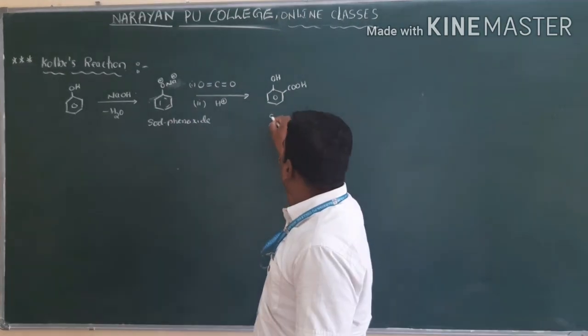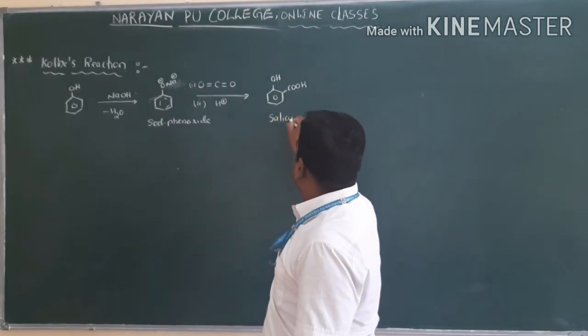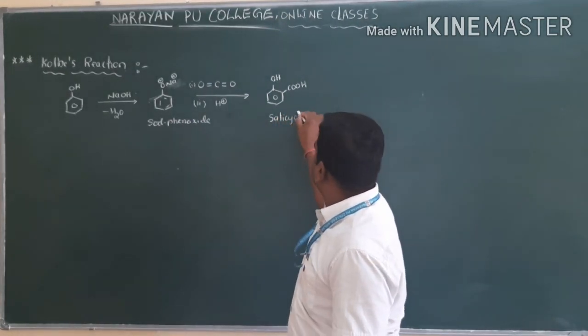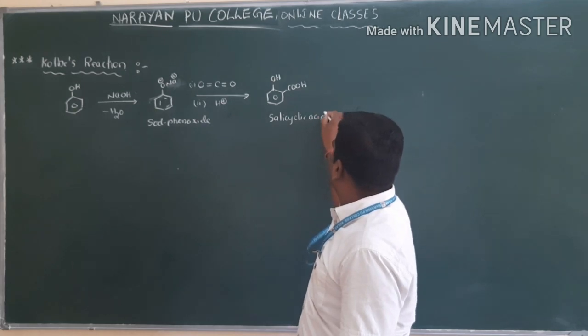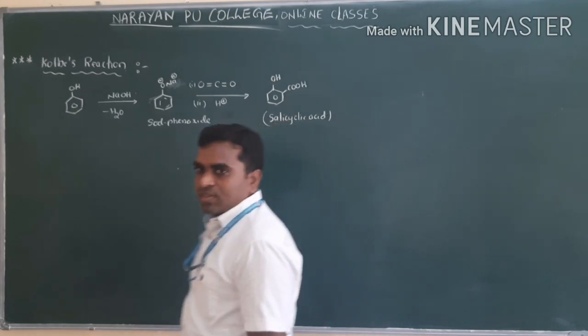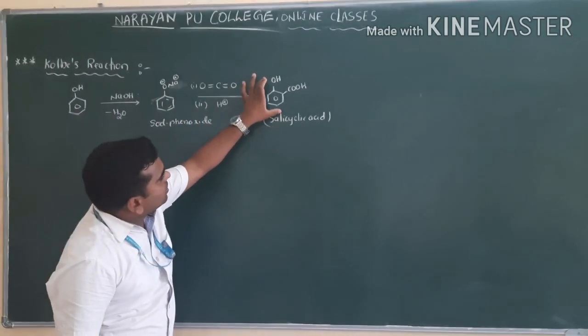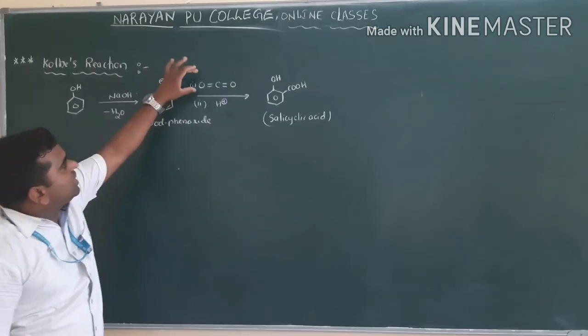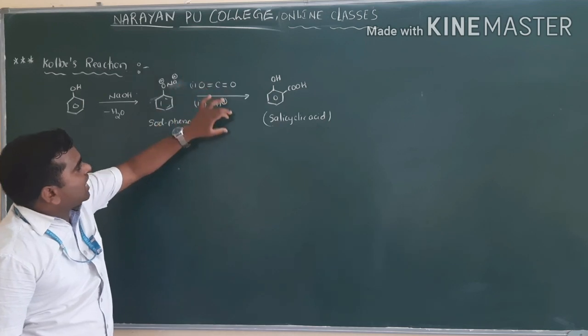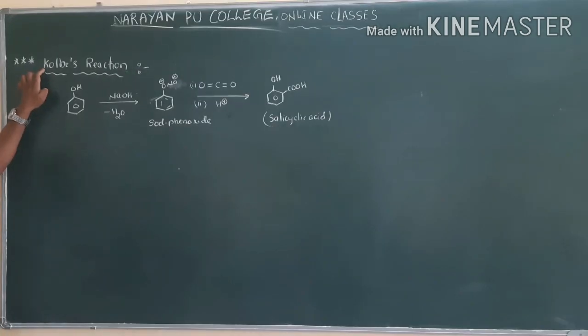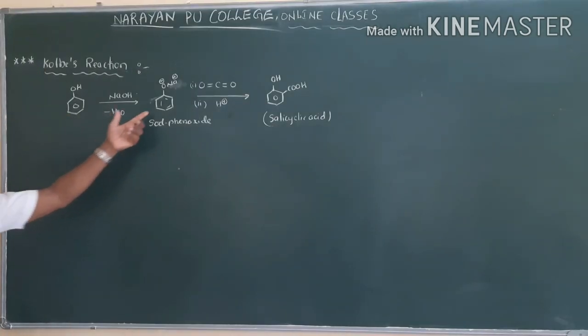We call this salicylic acid. So this conversion of phenol into salicylic acid by using carbon dioxide as an electrophile is called Kolbe's reaction.